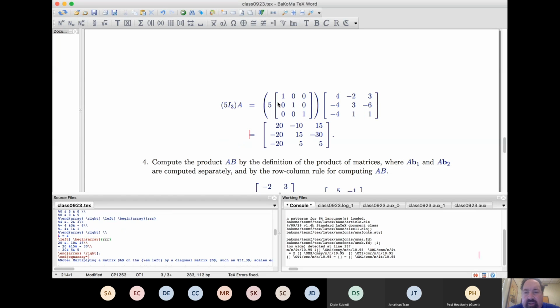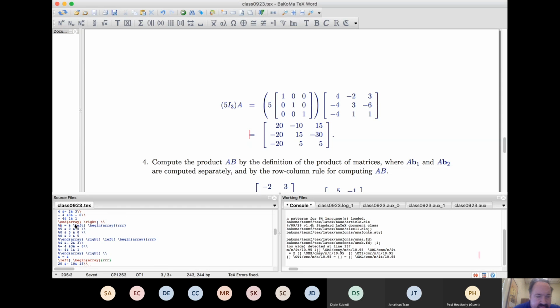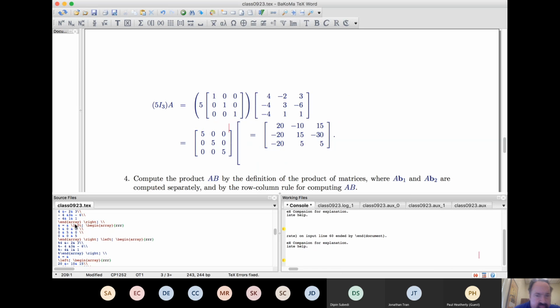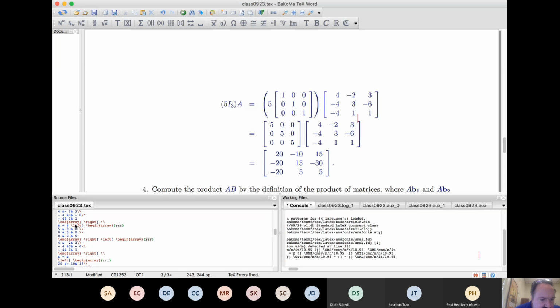Okay, so we have 5 times the identity times A. And then working out 5 times identity. Okay. Now, a matrix like this that has its only non-zero entries on the main diagonal that I'm highlighting here.